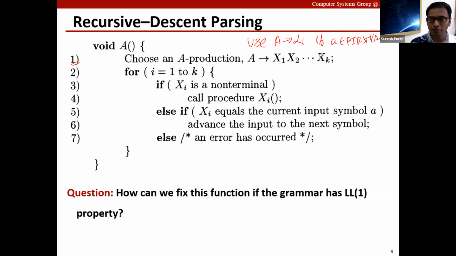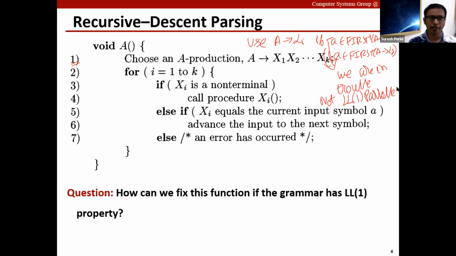And if there is one more substitution rule, a goes to alpha j, such that a belongs to first plus of a goes to alpha j, then we are in trouble. If this is the case, we are in trouble. The grammar is not LL1. This is the summary idea.